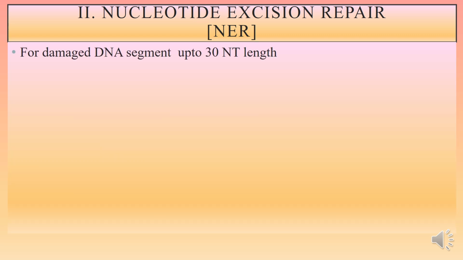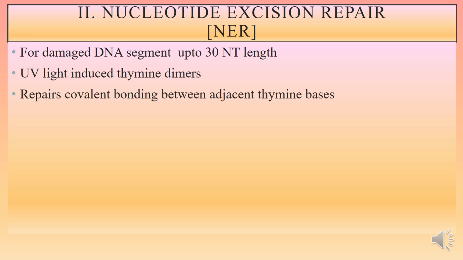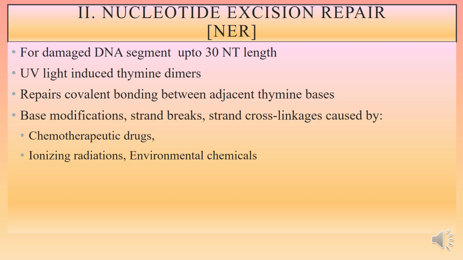A damaged DNA segment up to 30 nucleotides in length can be repaired by this mechanism, which is generally caused by ultraviolet light, which induces thymine dimers. It repairs covalent bonding between adjacent thymine bases. The base modifications, strand breaks, and strand linkages are caused by chemotherapeutic drugs, ionizing radiations, and environmental chemicals.